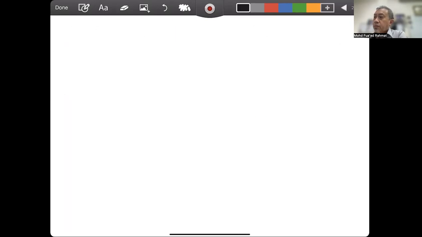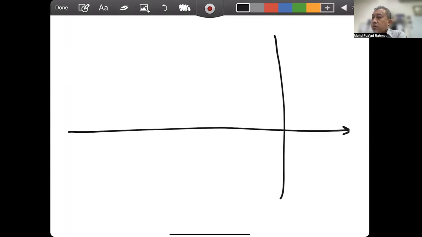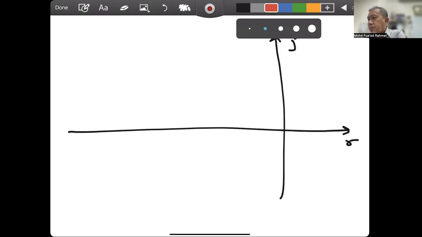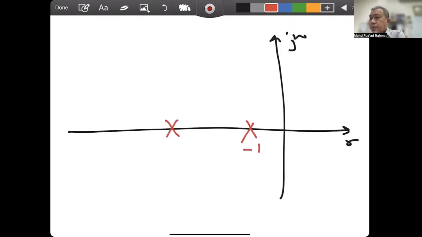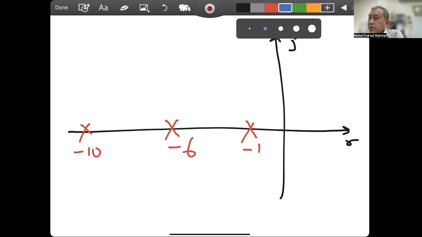So when we sketch the root locus, we have 3 open loop poles, given by -1, -6, and -10. What is the expected root locus path? We start from the origin, no poles, no zeros, then we meet the pole at -1, then we move again to the left to -6.